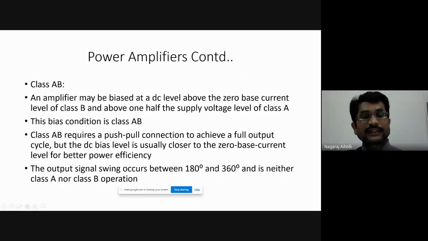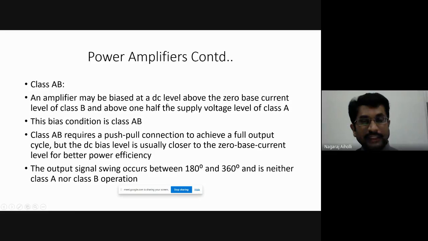Next is class AB power amplifiers. As the name itself suggests, class AB means it is neither class A nor class B. That means it falls in between class A and class B power amplifiers.